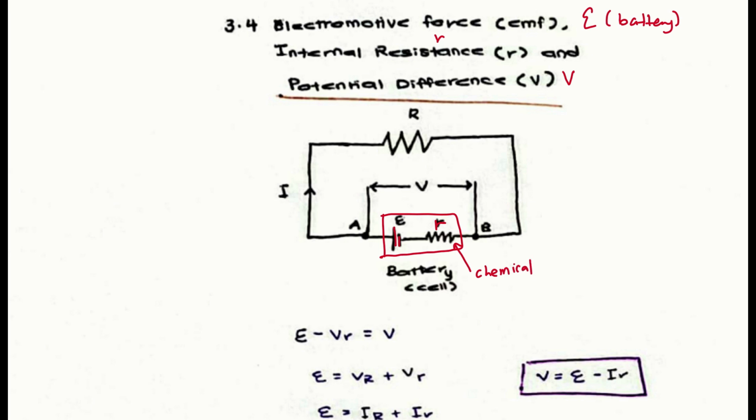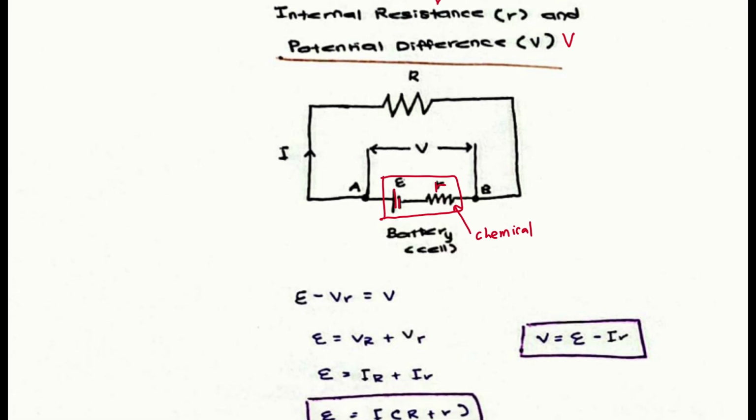We cannot see the internal resistor with our naked eye, and because there is power dissipated, or we say a voltage drop, power loss in this internal resistor when the current is flowing, your V, the potential measured at the external resistor, will be less than the EMF.